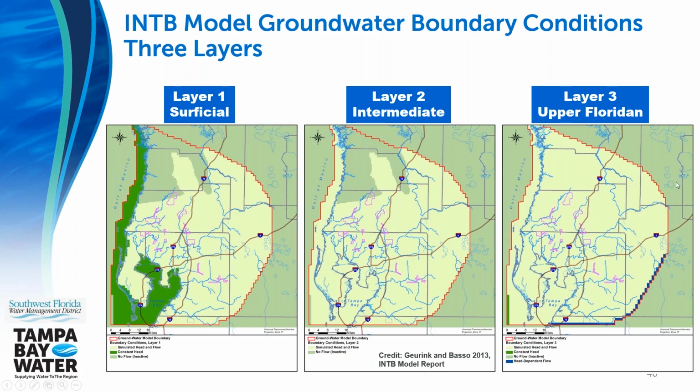There's no flow boundaries for layer 3, the upper Floridan Aquifer, in the eastern and northern boundaries, and then flux dependent head boundaries along the southwest and southern boundaries, which allows flow to go into or out of the model domain.